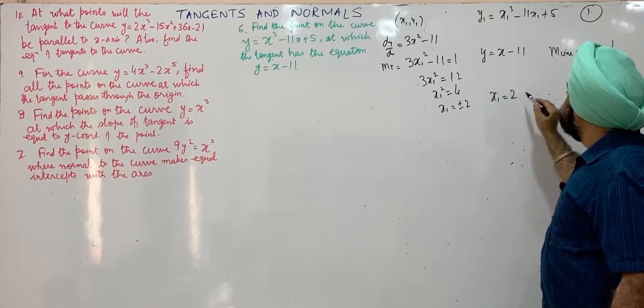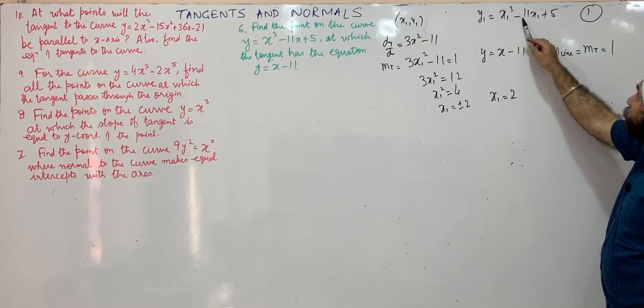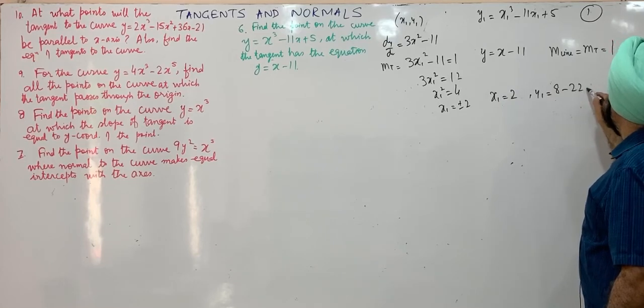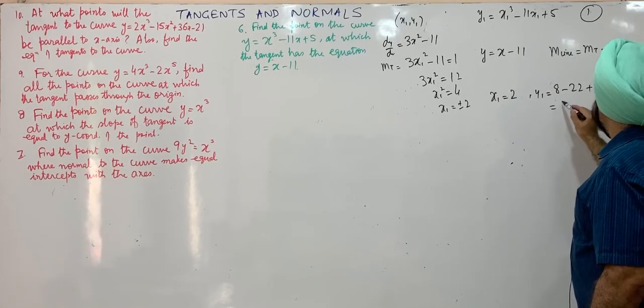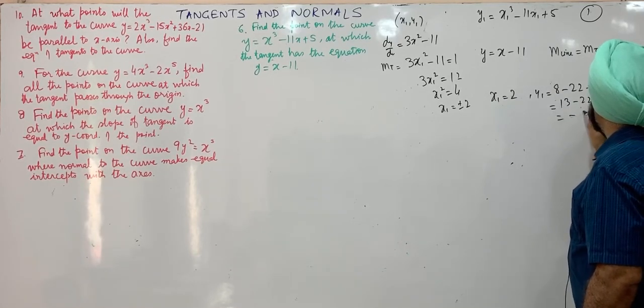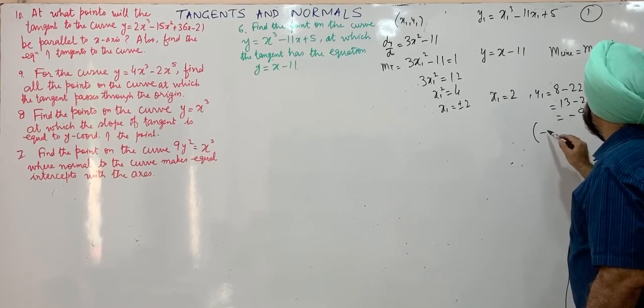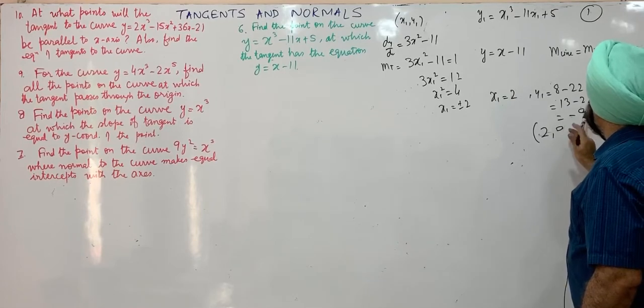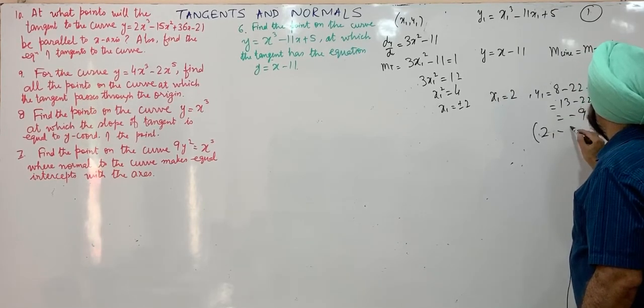If x1 is 2, we put x1 equal to 2 here. y1 will be 8 minus 22 plus 5. That's 13 minus 22, or minus 9. So 2 comma minus 9 is the point. 2 comma minus 9 is the first point.